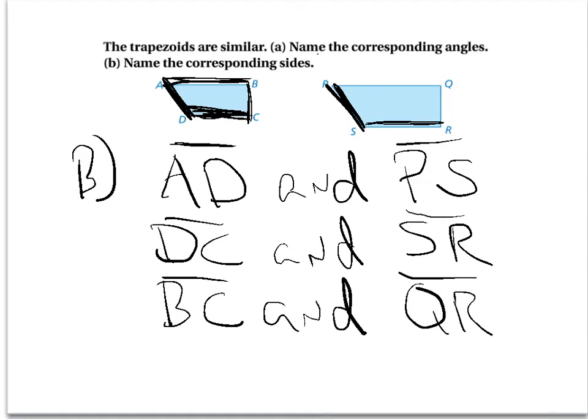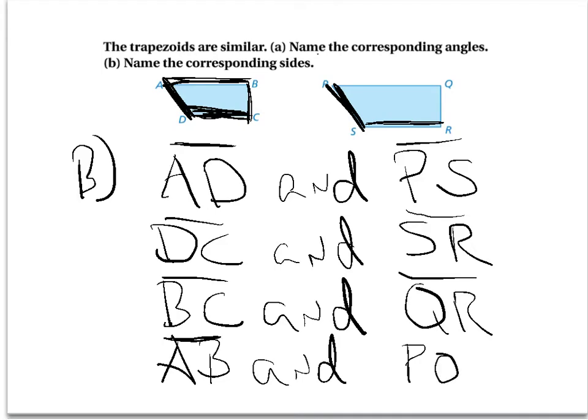And last one, AB and PQ. Okay? So even though the trapezoids aren't the same size, they are similar to each other, so the sides, in this case, will be corresponding, just like the angles were corresponding. So we have corresponding angles and corresponding sides.